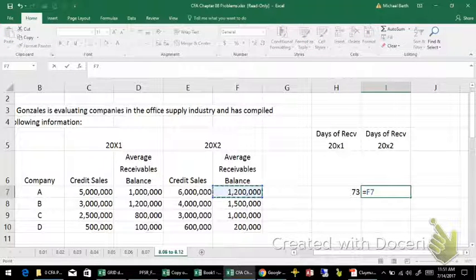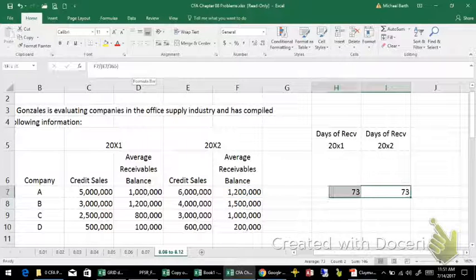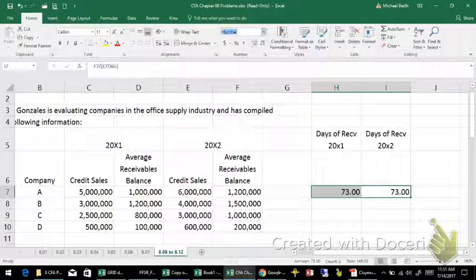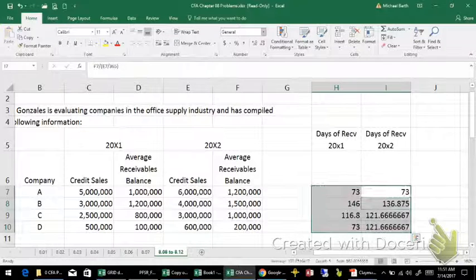And if I calculate it for the next year, it's 73 again. I'm going to take the formatting off, and then I can just copy this down.